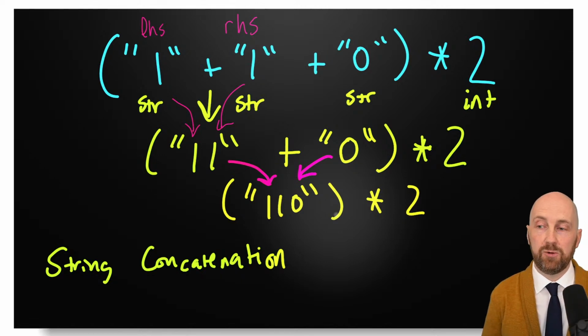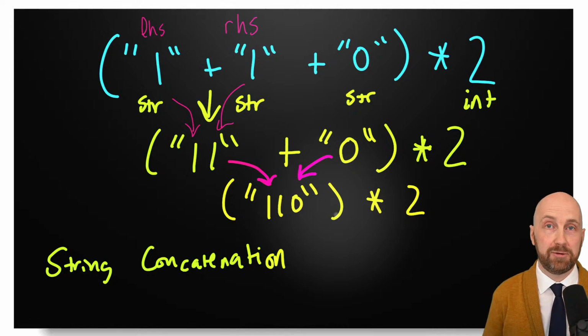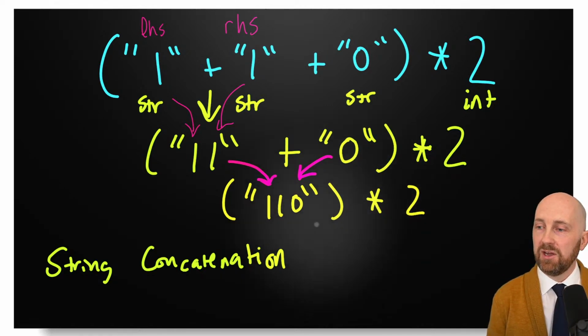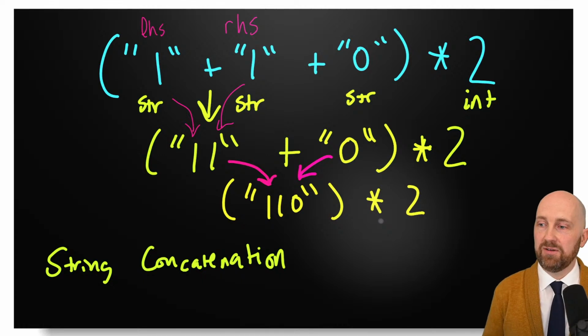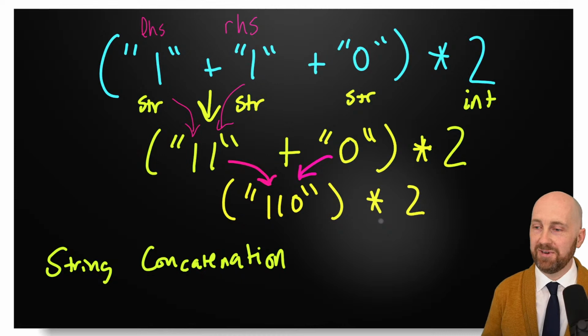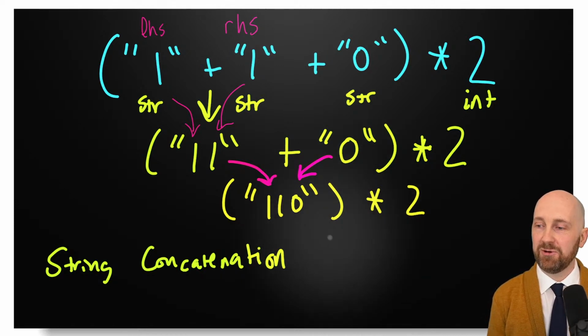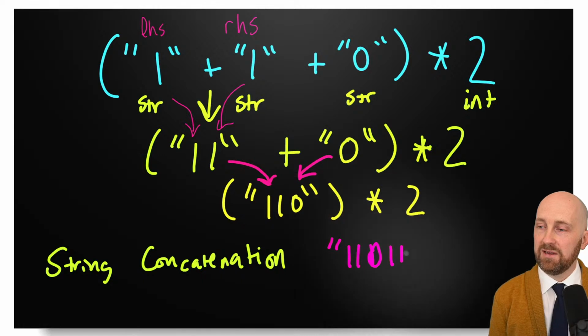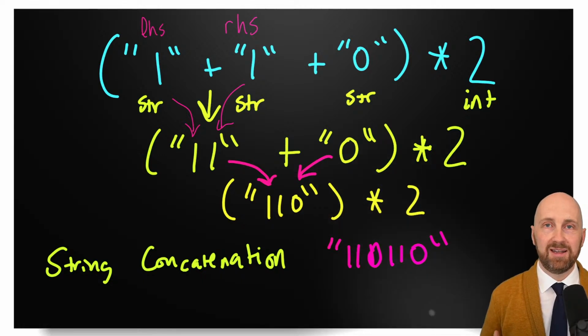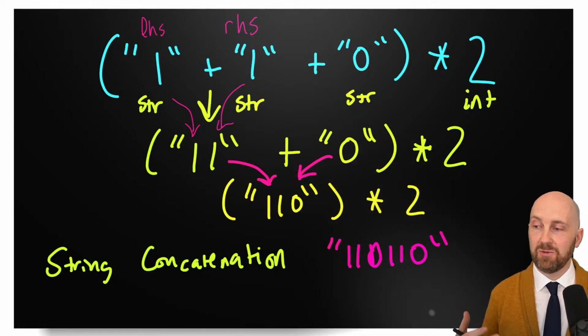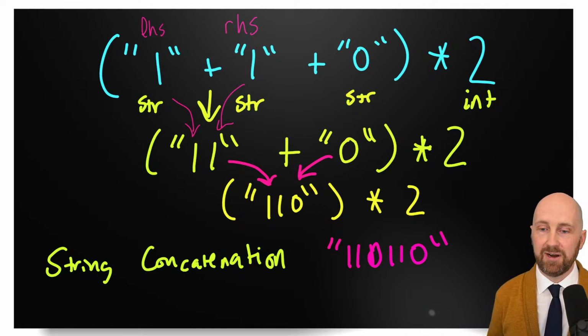So this is now the string whose first character is the digit 1, the second character is the digit 1, and the third character is the digit 0. So now we have this multiplication operator to worry about. And Python does something really cool with this operator that you all figured out. It says repeat the same string some number of times over. So the ultimate result of this is going to be 110, 110, right? So a string where the characters 110 are followed by another 110, right?